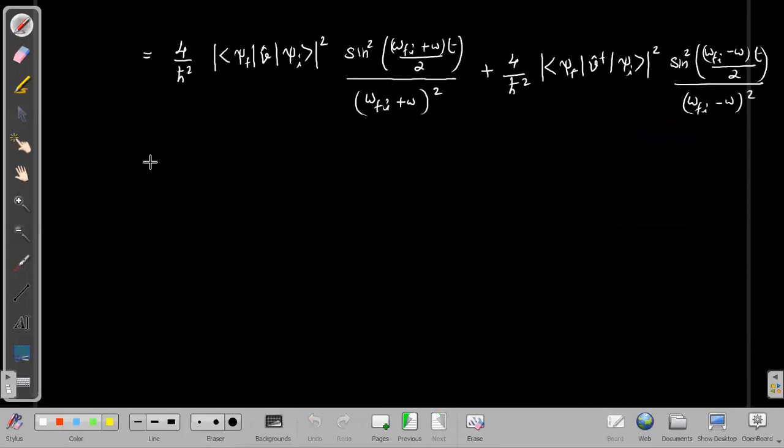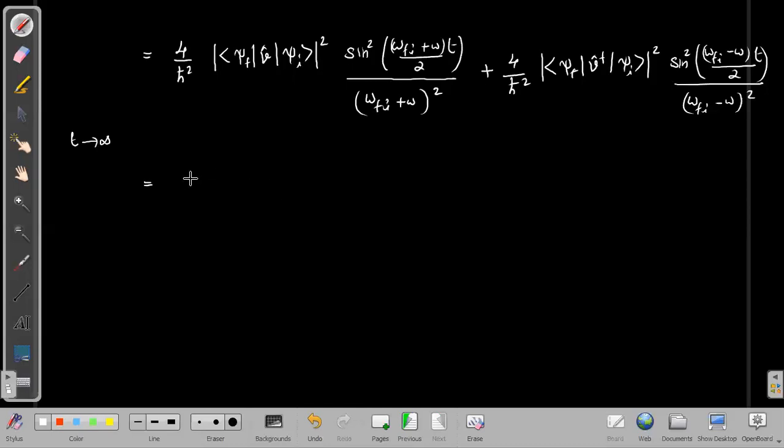So what would be the final result? When t tends to infinity, the result of this integration will take the form of the Dirac delta function.